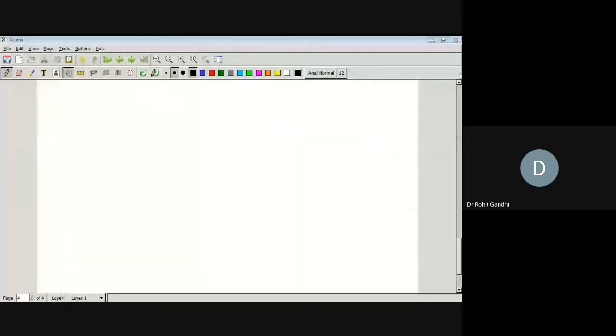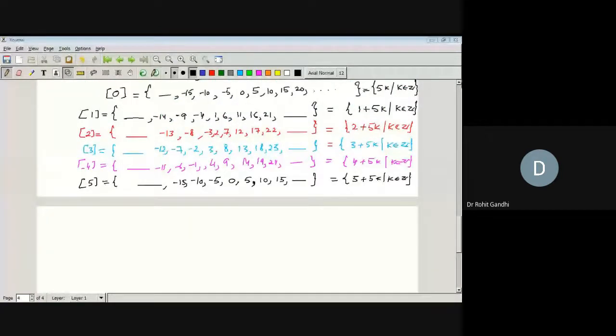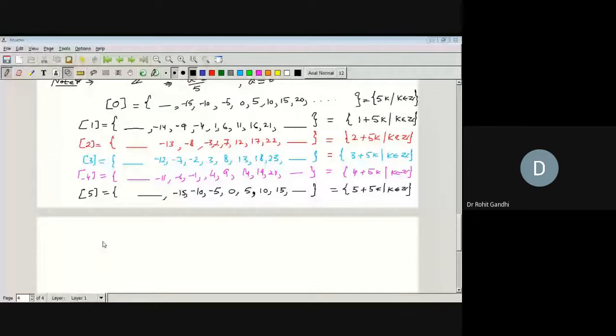Now the last one. I will not write more than this. The last is the equivalence class of 6. So what will it be? Yes, hurry up.